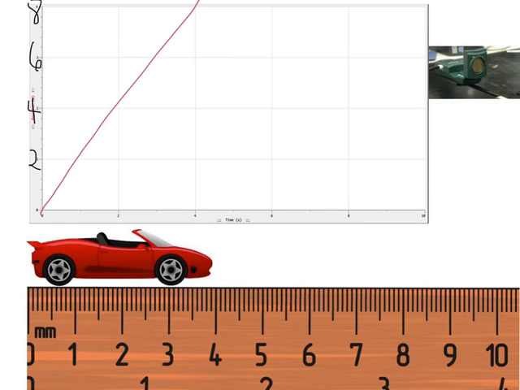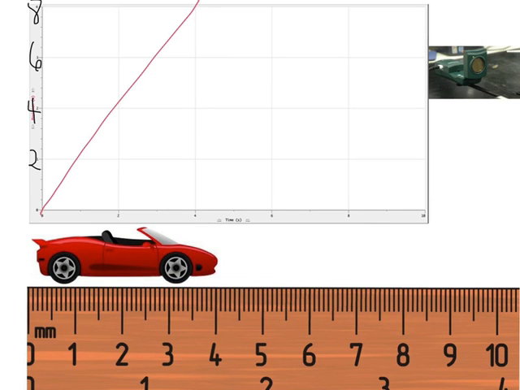Now let's say we have the Ferrari driving in front of the motion detector, and it now makes a graph that looks like this. Let's see what that would mean. First of all, the Ferrari starts right here at 0.